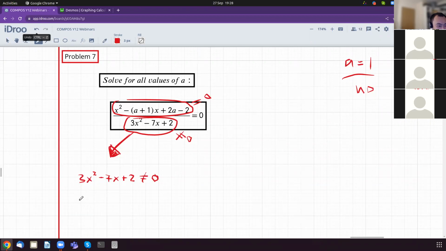Okay, and here you just solve it. And when you solve it, you can choose whichever way you like. I won't bother you with solving a quadratic equation. Will I?